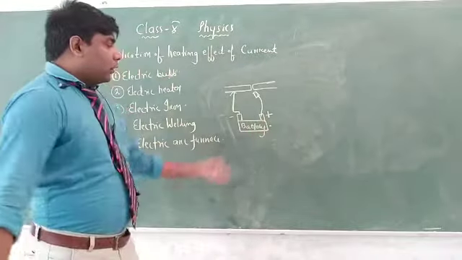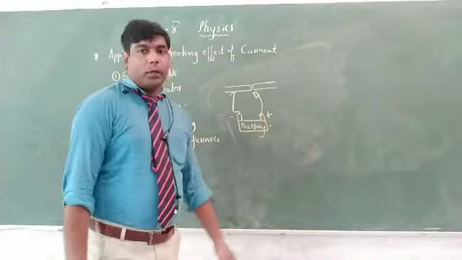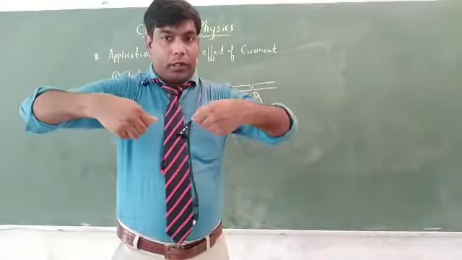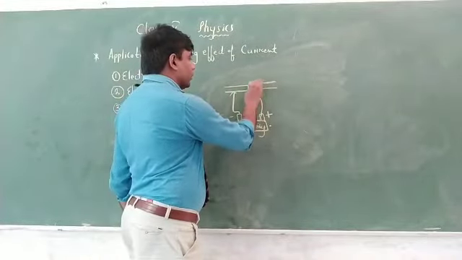In welding, there is an electrode. That electrode is connected to the positive terminal of the battery, and the negative is connected to the metal which has to be joined. Two metal pieces are here which we need to join.